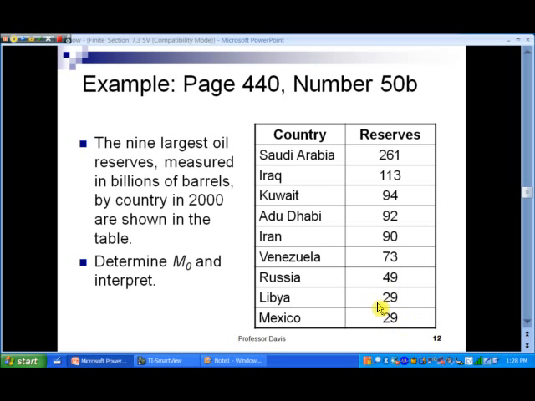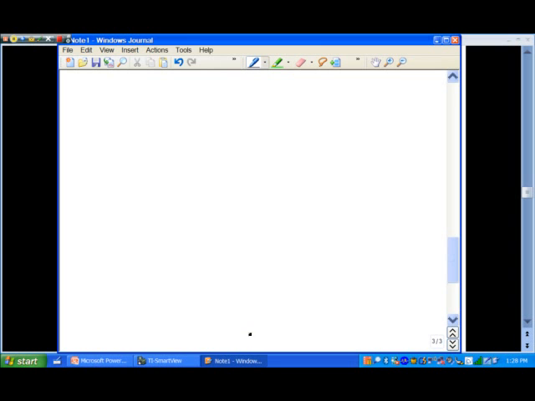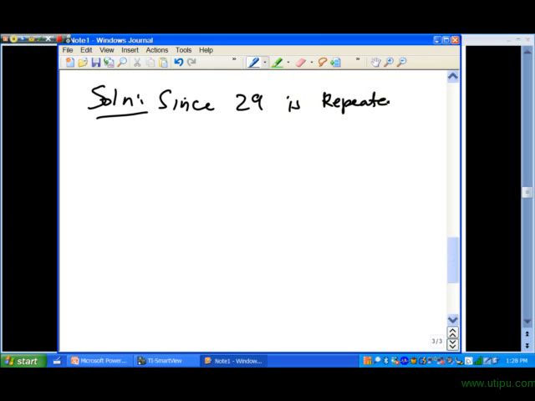So it looks like this value of 29 is going to be our mode. So since 29 is repeated, it has the highest frequency of 2. The mode is 29 for the data. It's the data which occurs with the highest frequency.